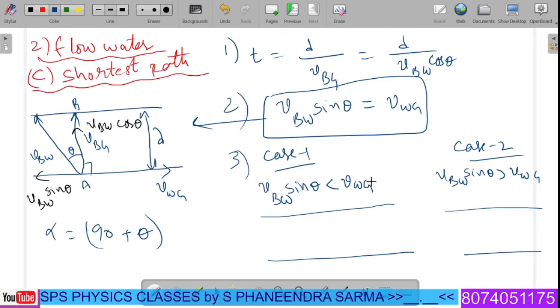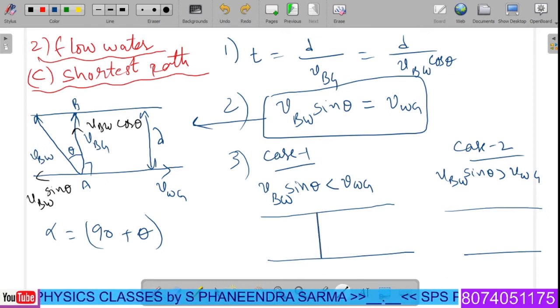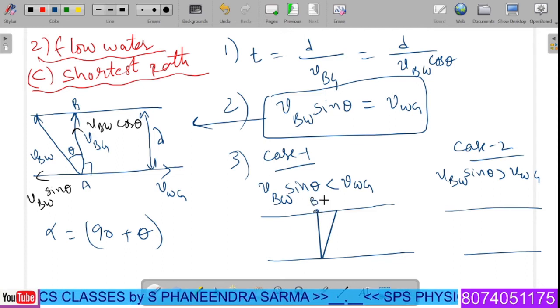In such a case, water will try to dominate. Therefore, instead of exactly reaching the opposite point like this, we will reach some other position. So here, this is B, and this is B1. B to B1 distance is nothing but x, you can imagine. There's a gap, this is called drift.